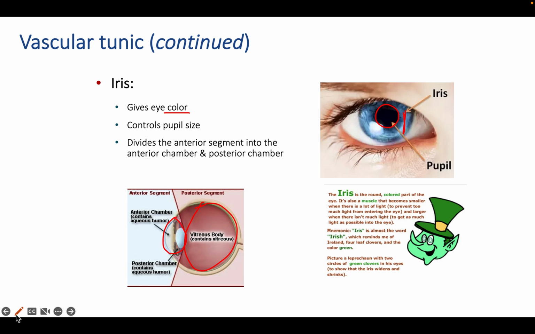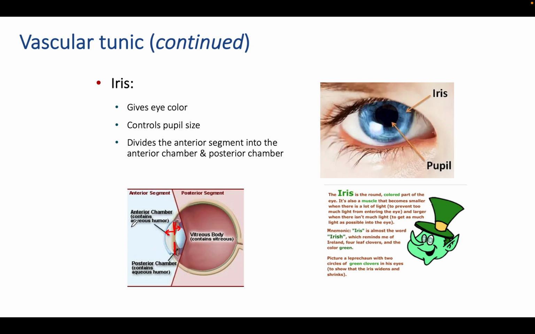If I get rid of this drawing, you see these dark structures here that I'm drawing in red. These are the irises on either side. Everything in front of it is the anterior chamber. Everything behind it is the posterior chamber. So this iris is the dividing segment between the anterior and posterior chamber.